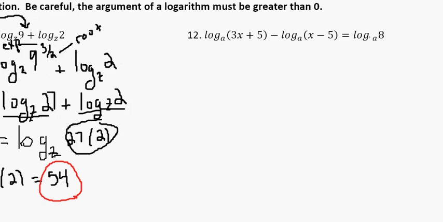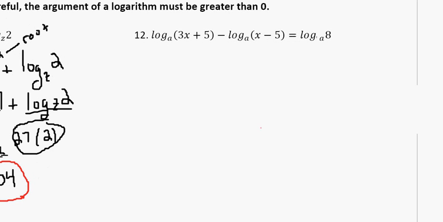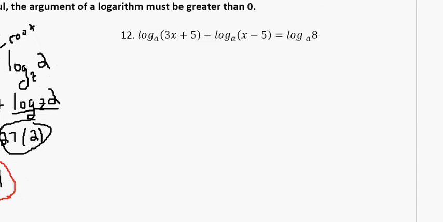Okay, let's go now and scroll over here to number 12. We're going to apply many of the same principles as before. We're going to condense the logarithms on the left side of the equation this time. I have two logarithms that are subtracted. By using the property of logarithms, I'm going to condense those two logarithms into a single logarithm.